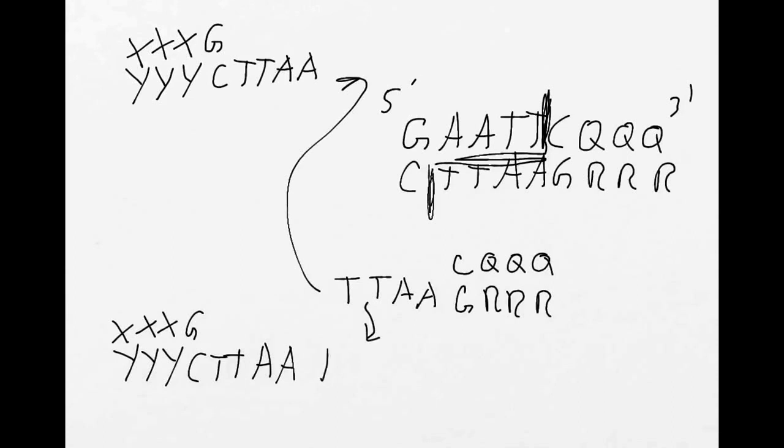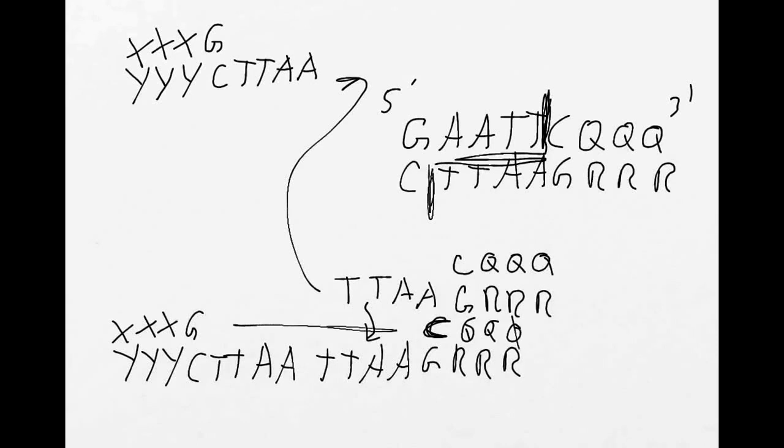So that would be T, T, A, G, R, R, R. We've got a C here sitting. The Q's here. But there is a big gap in it. We don't have any bases here. So we can rule out this option. So I hope this makes sense, and thank you for watching.